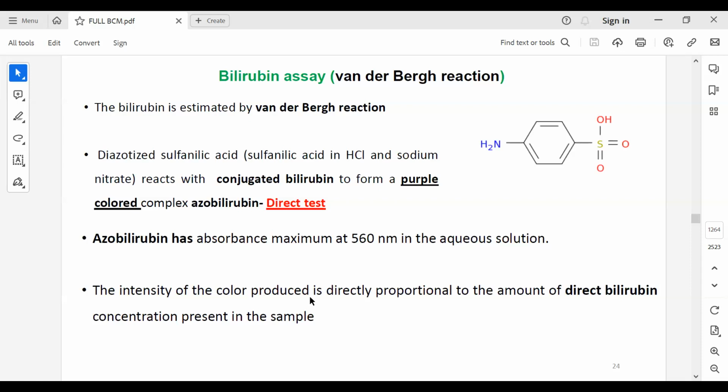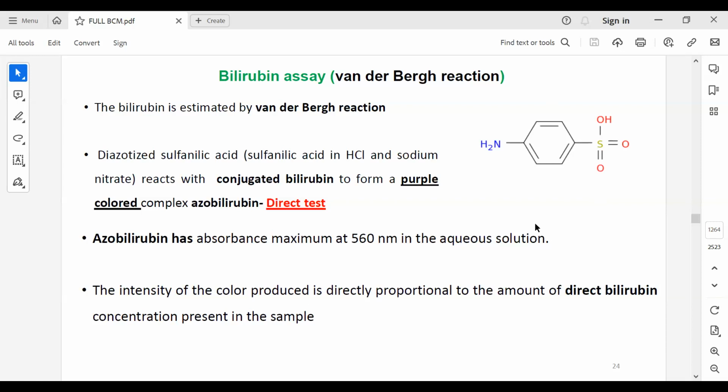So this is a test by which we check the bilirubin levels. We use this chemical, which is diazotized sulfanilic acid, which reacts with the conjugated bilirubin and forms a purple colored complex, which is known as azobilirubin.